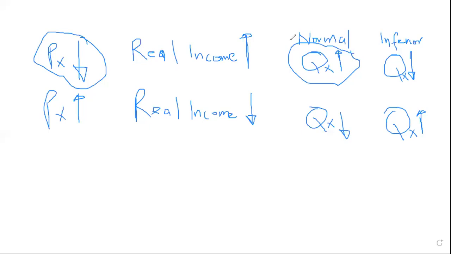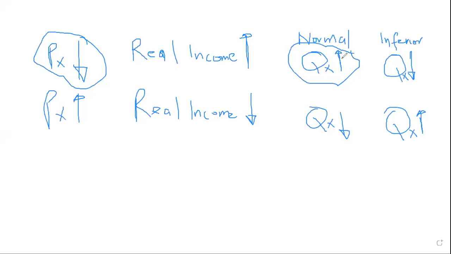Hello. Yes, so let's take it again. The price of X has fallen. So with a fall in the price of X, what happens to quantity when the product is a normal good? Quantity will go up. So you see, this is falling, this is going up.